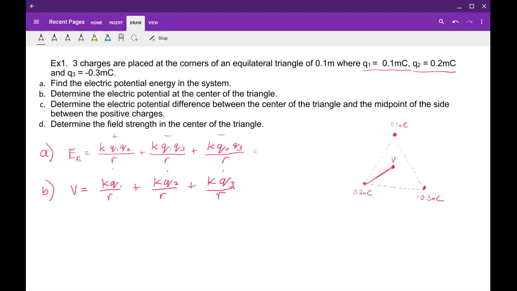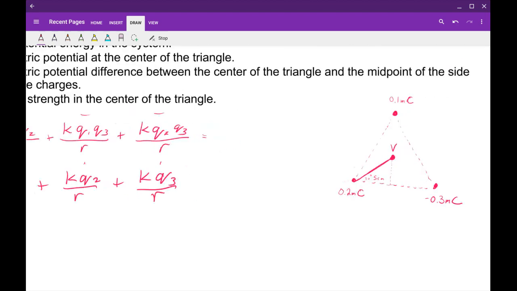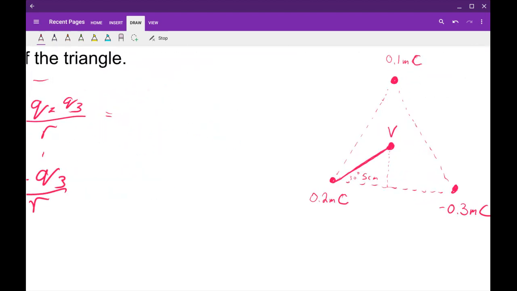You can calculate that by finding the distance between these two. It's a tenth of 10, so this is 5 centimeters here, and that's 30 degrees. Hopefully you're seeing that. I had to draw really small. So this is 30 degrees and this is 5 centimeters.